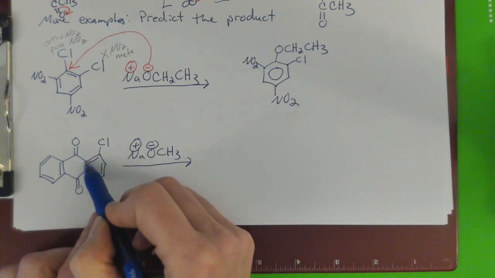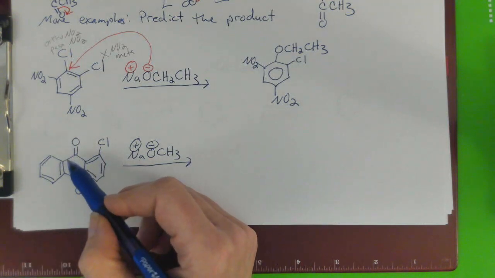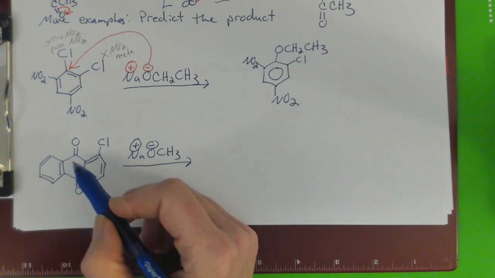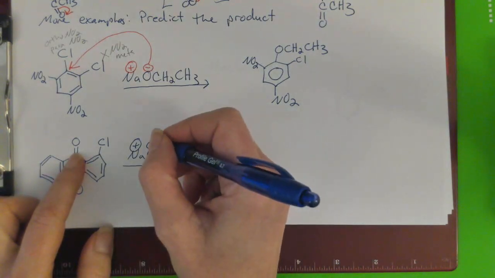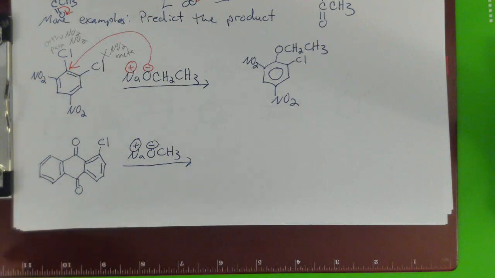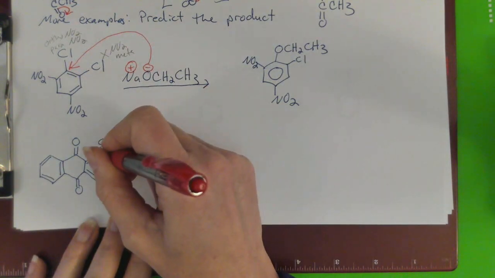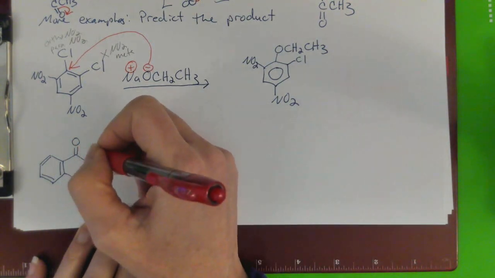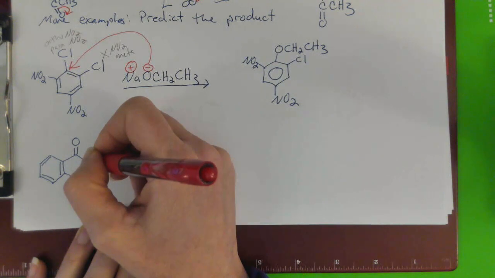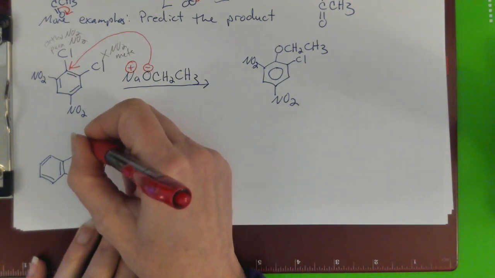Ortho here, I have a carbonyl group. So let's investigate if I go ahead and attack. It's red here. I'm going to attack here, and I'll draw one of the resonance contributors just so you can see this. So I'm going to flip this over here and bump this up.